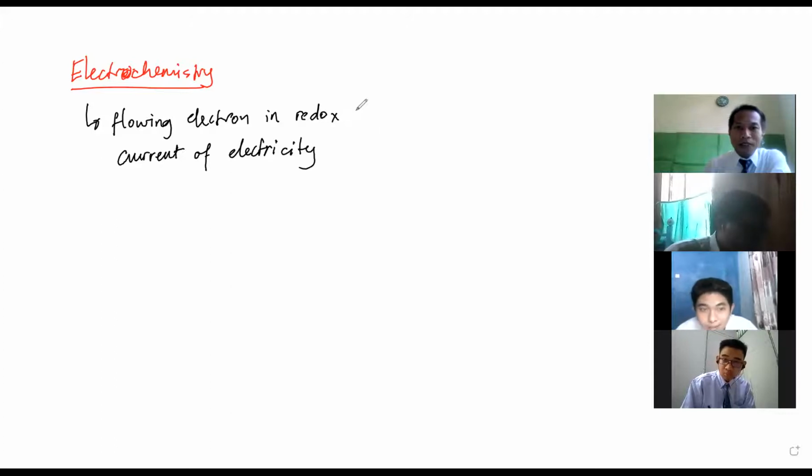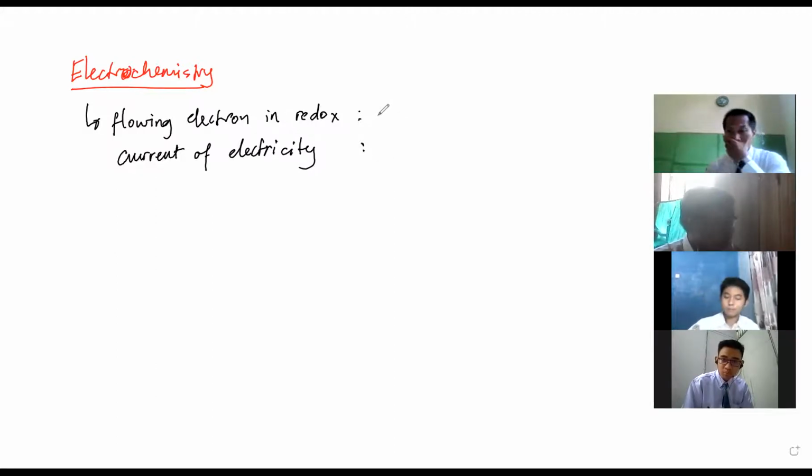All right. For flowing electron in redox, the electron moves from the high electron to the less electron. For the current, the direction of flow is from positive to negative.